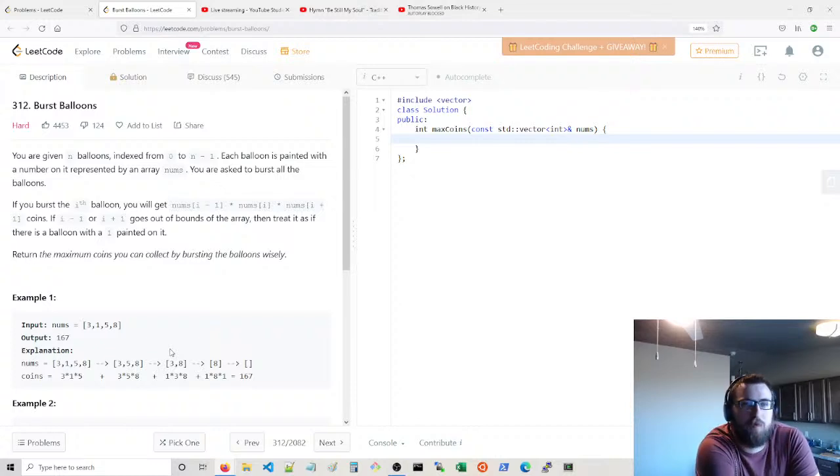This is probably very similar to what we just did, where I was talking about using a DP solution and taking some sequence.